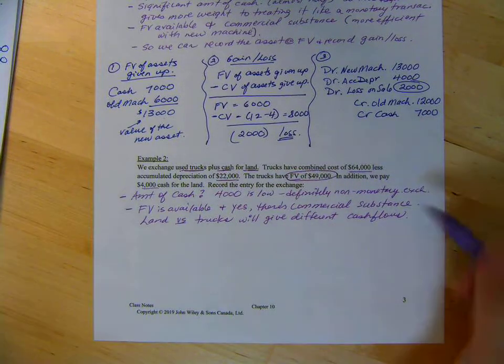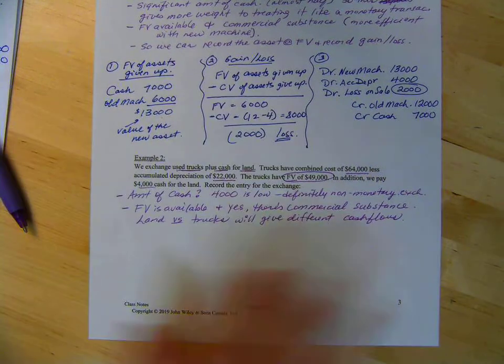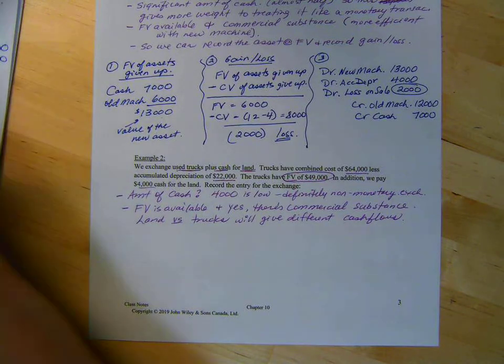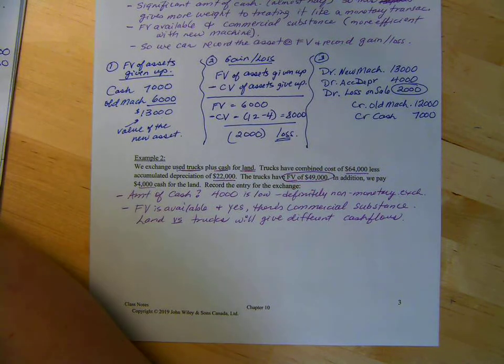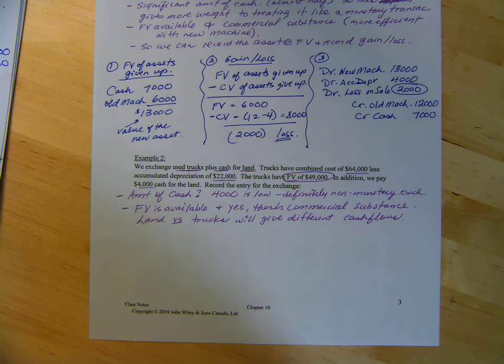Okay? The reason this whole rule came about, commercial substance having to be there, so you'd record it at fair value instead of carrying value. What happened was in the 1970s, yeah, none of you guys were alive, and I was just very young. Companies, everybody records buildings at cost.